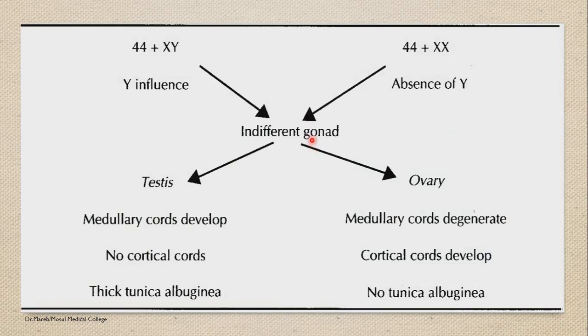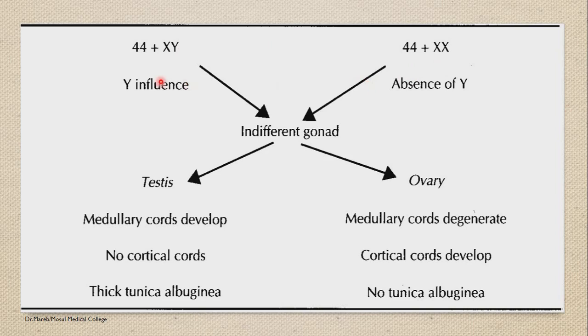So just to repeat what we have taken, the gonad passes through an indifferent stage, and later there is a differentiated stage of the gonad. Remember that the sex of the baby is determined at the time of fertilization: 44XY for the male and 44XX for the female.